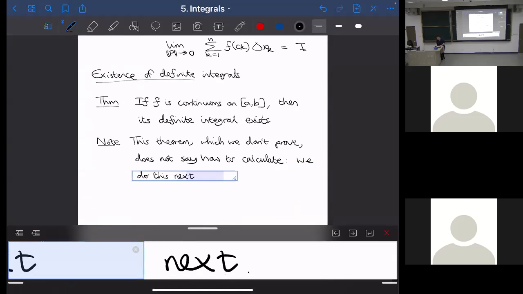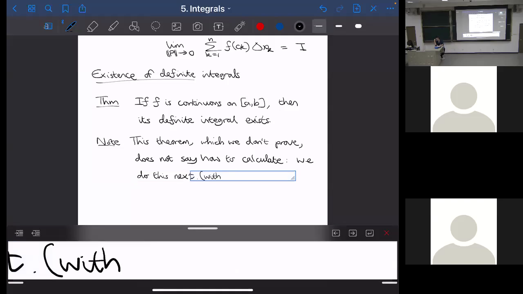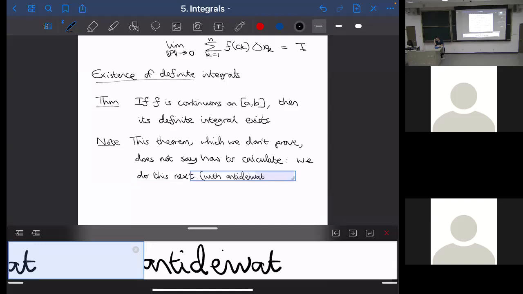But the theorem is not too difficult to prove. The method is to consider the upper and lower sums that we mentioned last time and show that they converge to I, that they have limit I. Okay, and as I said, we will do this with antiderivatives.